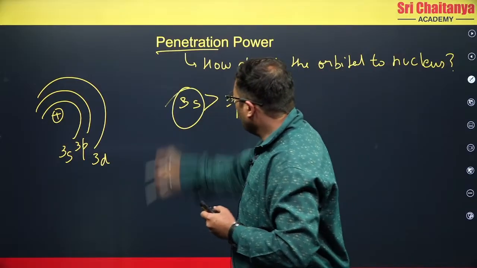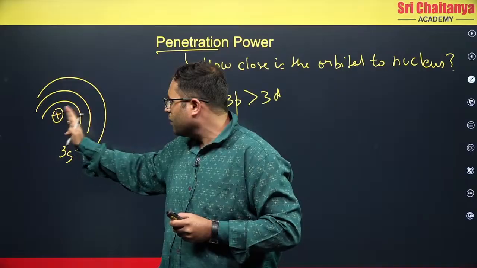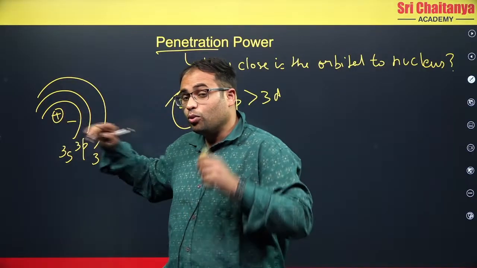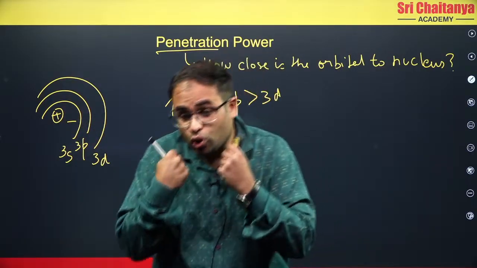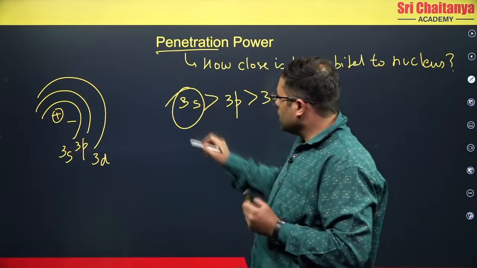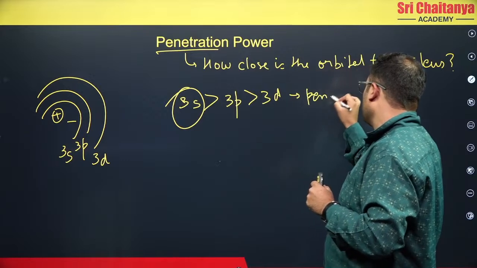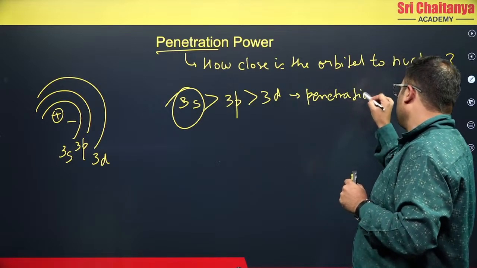Now, the closer the orbital is to the nucleus, the stronger the force it will feel, right? So this is the penetration power.